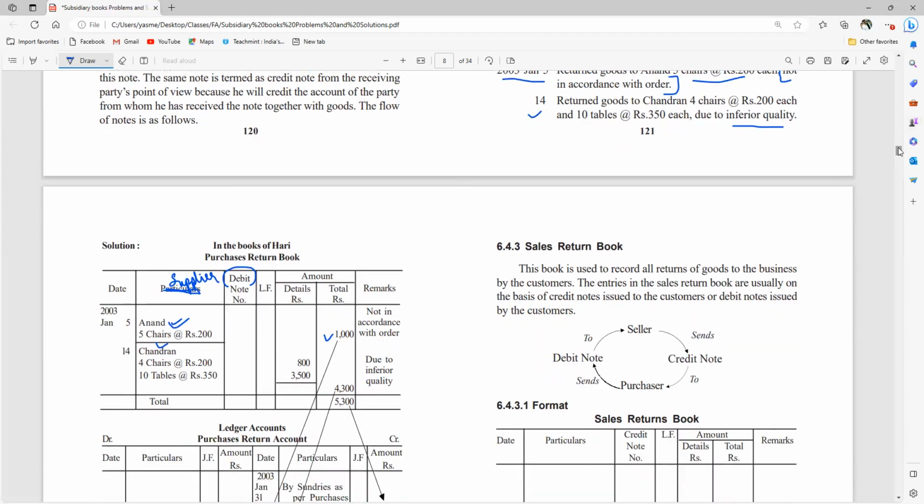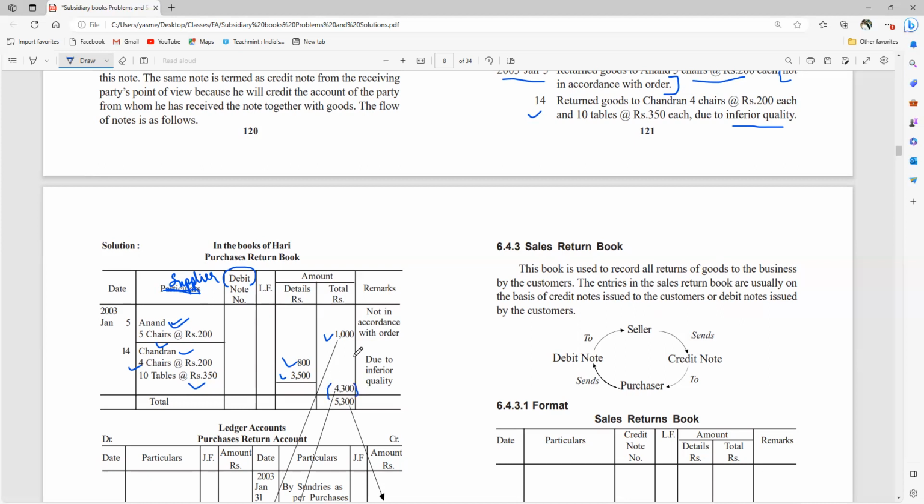So to whom are we returning? To Chandran. What are we returning? 4 chairs at rupees 200 each and 10 tables at rupees 350 each. 4 into 200 is equal to 800 rupees and 10 tables into 350 is equal to 3,500 rupees. The total of these two, 3,500 plus 800, is 4,300 rupees.